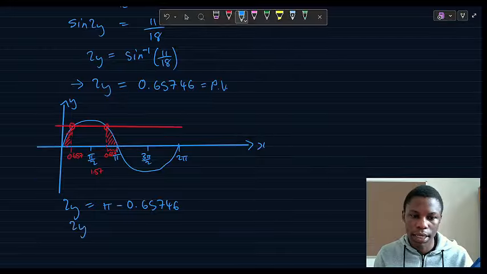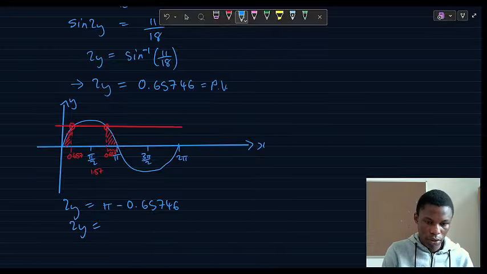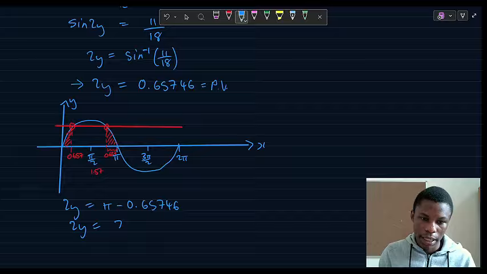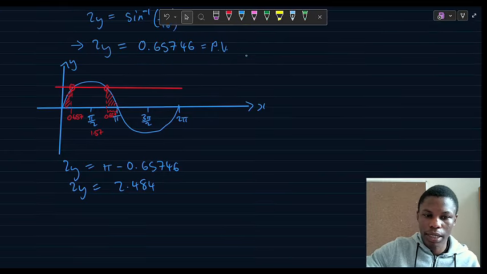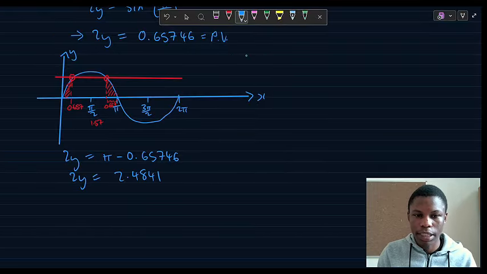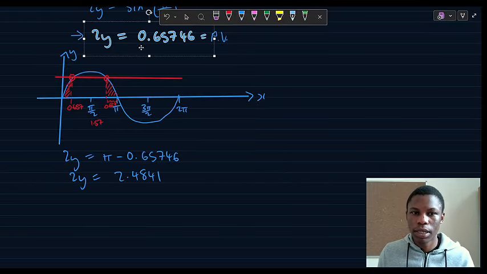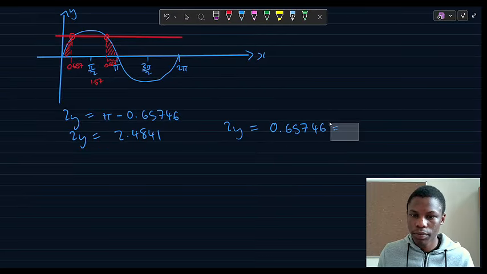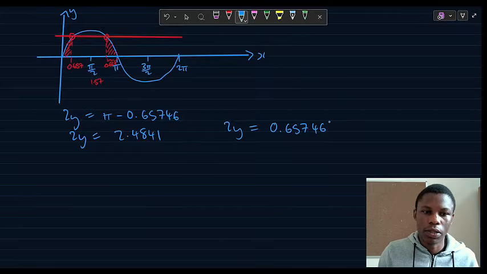And if we do that, I have 2y is equal to pi minus the 0.657, and I get 2.484. And since this is the only other solution, I can simplify both of them, both the principal value and the other solution that we found.